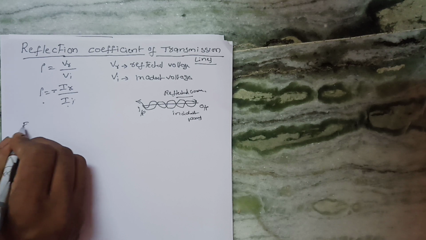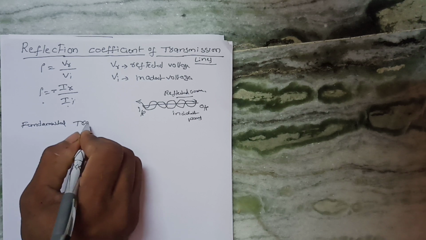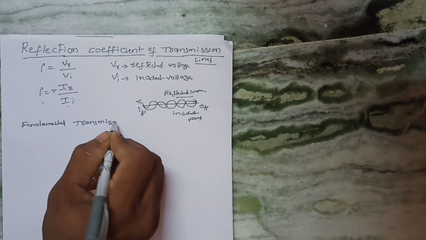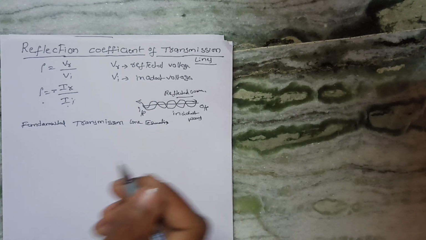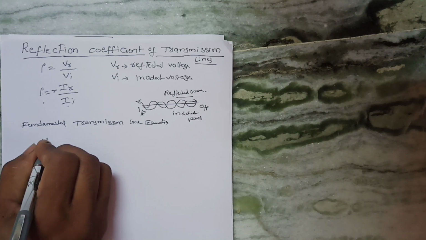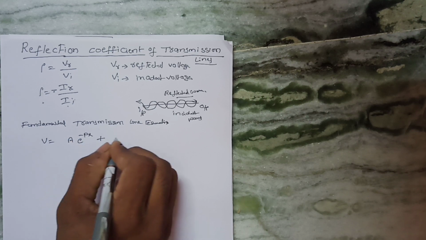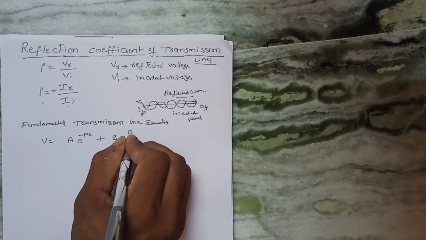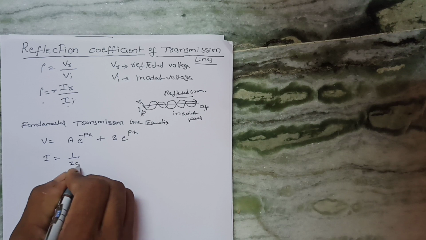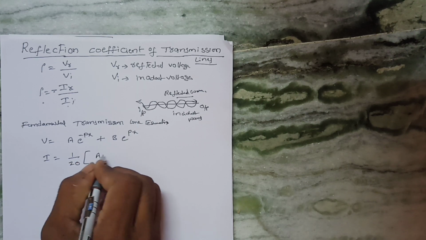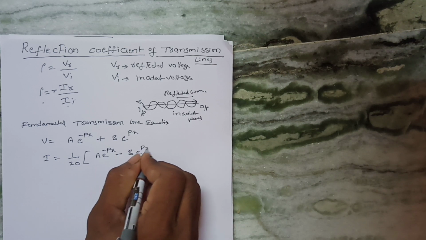The fundamental transmission line equations are V is equal to A into exponential minus Px plus B into exponential plus Px, and similarly I is equal to 1 by Z naught, A into exponential minus Px minus B into exponential plus Px.